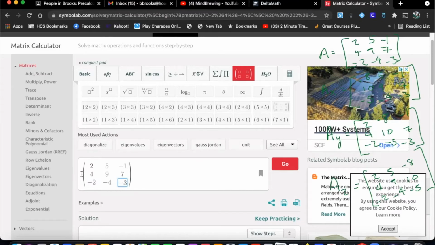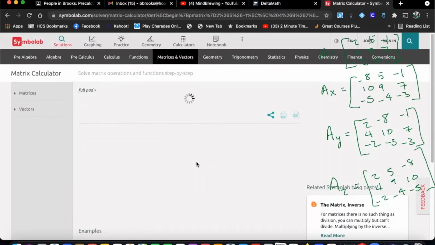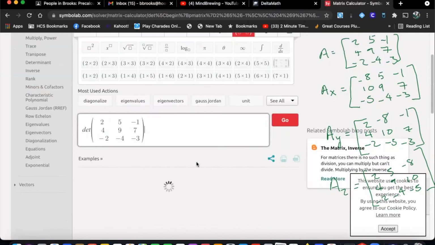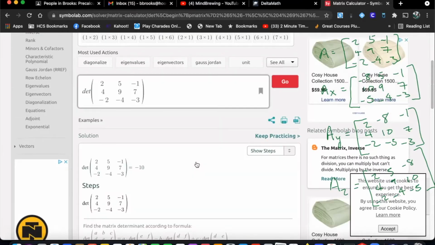And we want the determinant of this matrix. So the determinant of this matrix is -10. Let's write that to the side: the determinant of A is -10.